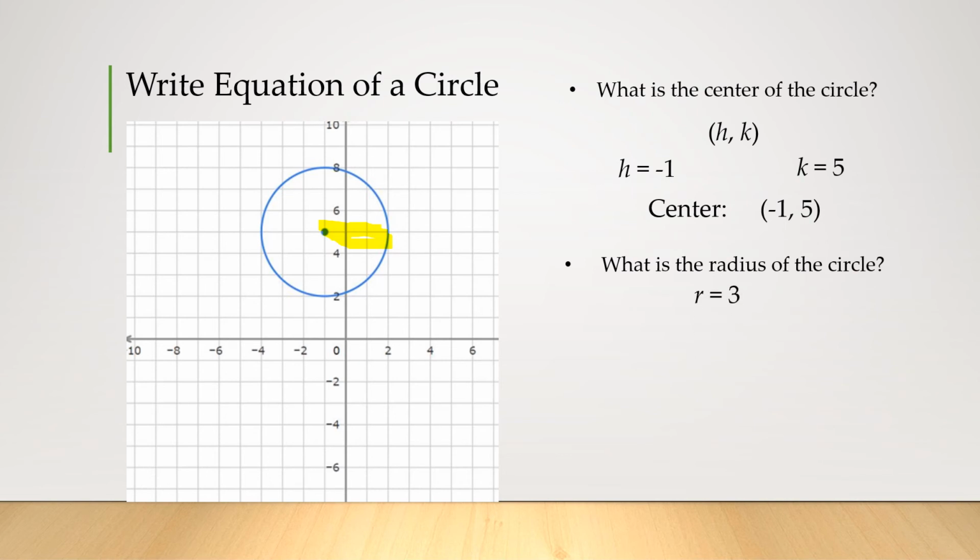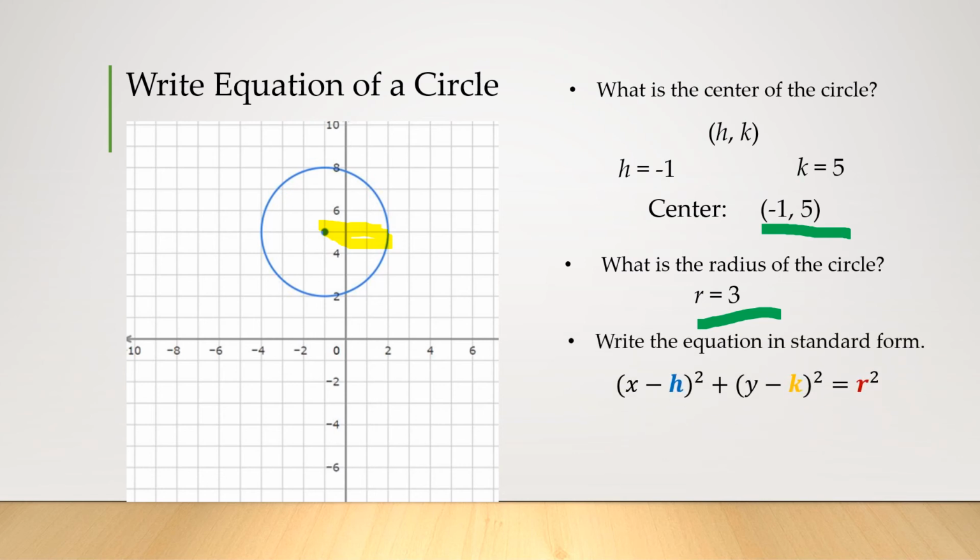Now we're going to take those three things, -1, 5, which is the center, and r is 3, which is the radius, and replace those three things back in the place of h, k, and r in the standard form equation. So we're going to replace -1 where you see h, but since there's a minus there between the x and the h, it becomes +1.